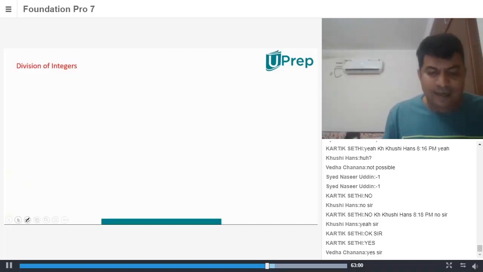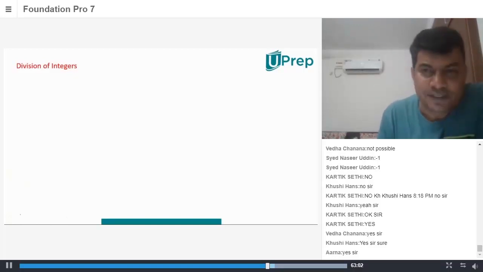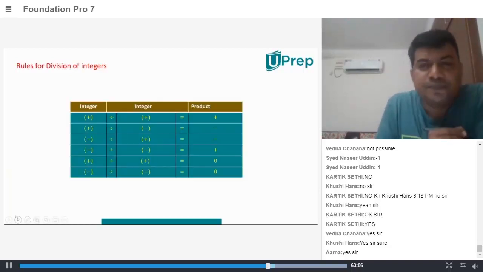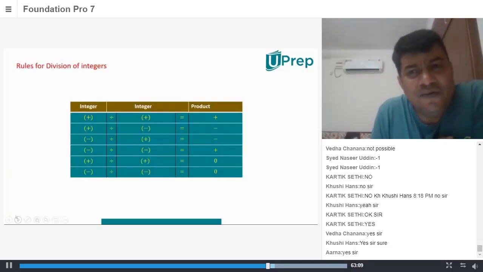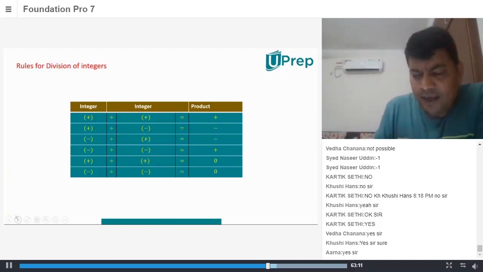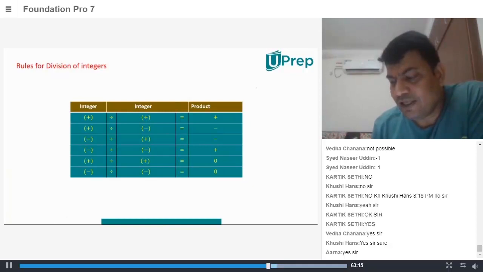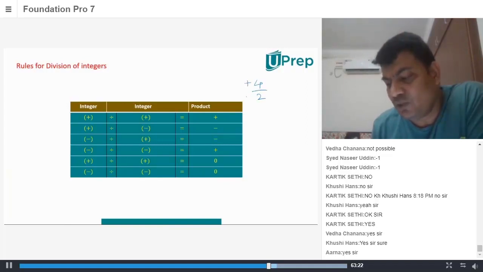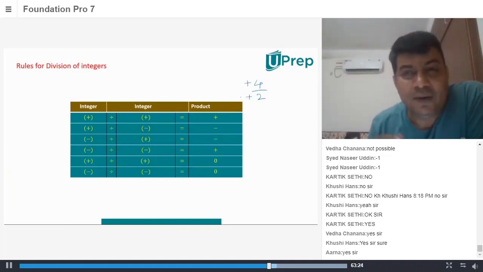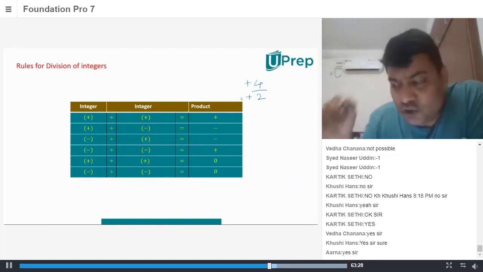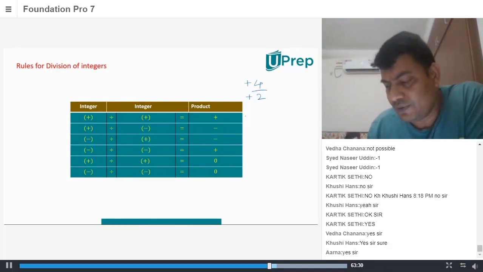Good. Let's quickly run through division of integers. There is nothing different in terms of division. Say, for example, you are dividing 4 by 2. Plus 4 divided by plus 2, right? Like plus into plus is plus, plus divided by plus will always be plus.